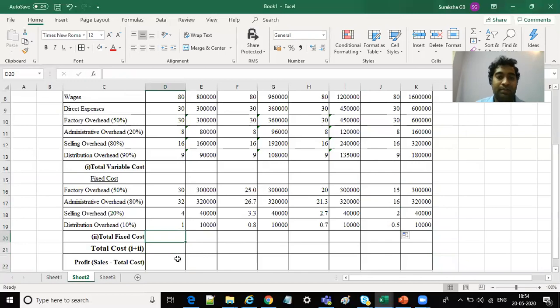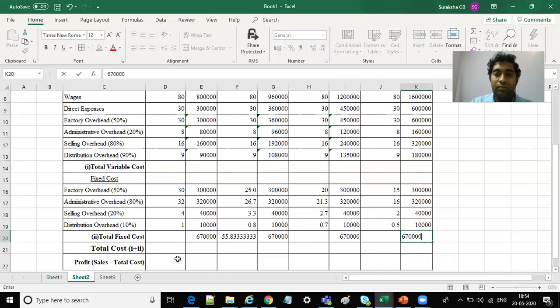The next step is we need to calculate the total values. If you find the total of the total cost column, the sum will be equal to 6,70,000. Next, we need to find the cost per unit.